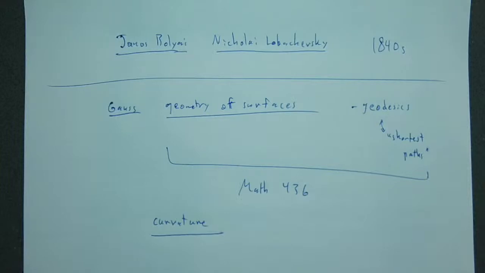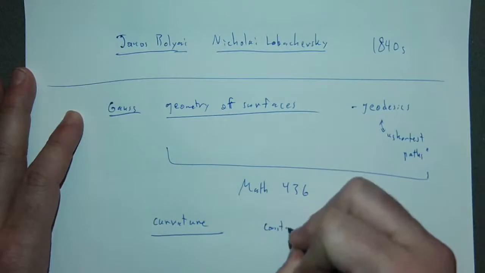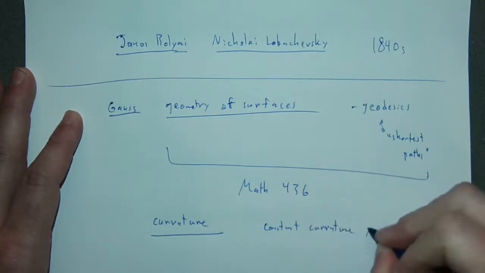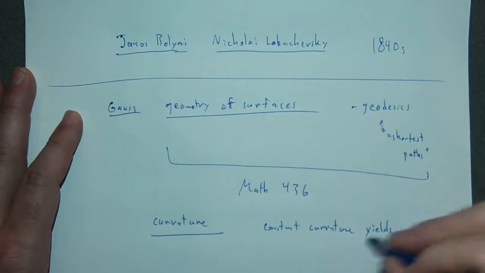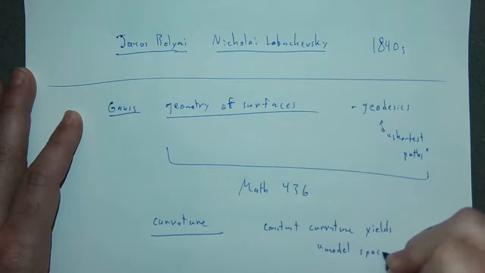These spaces with constant curvature would be called model spaces for our non-Euclidean examples. So constant curvature yields model spaces for our non-Euclidean examples.